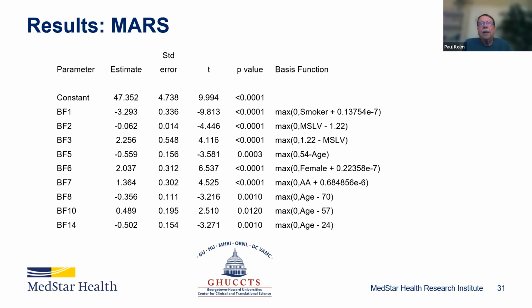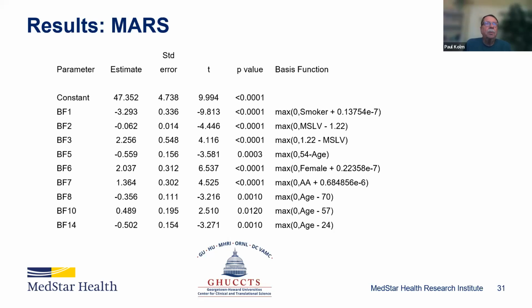And so the way that the basis function is labeled here is the maximum of being a smoker or not. So it's either 0 if it's a non-smoker. If they're a smoker, it's basically 1 plus a very small number.